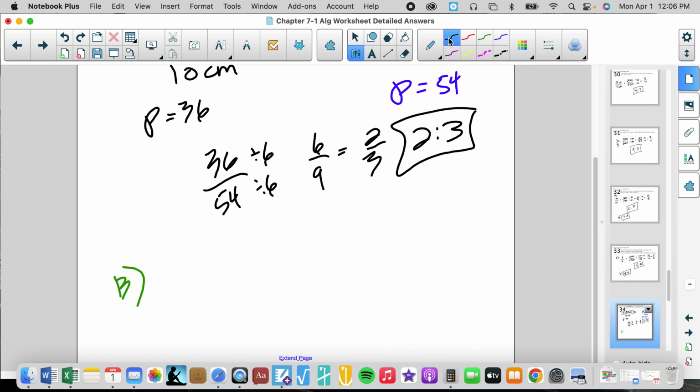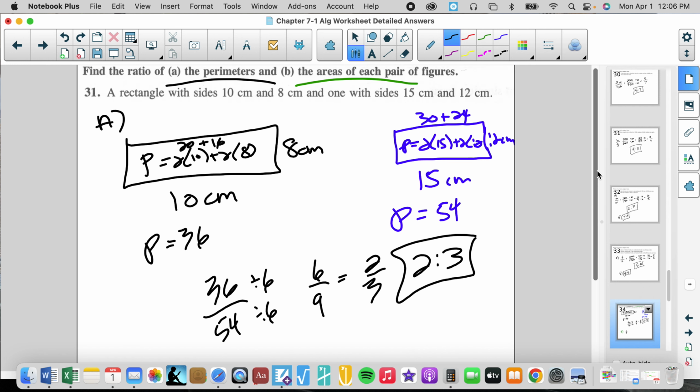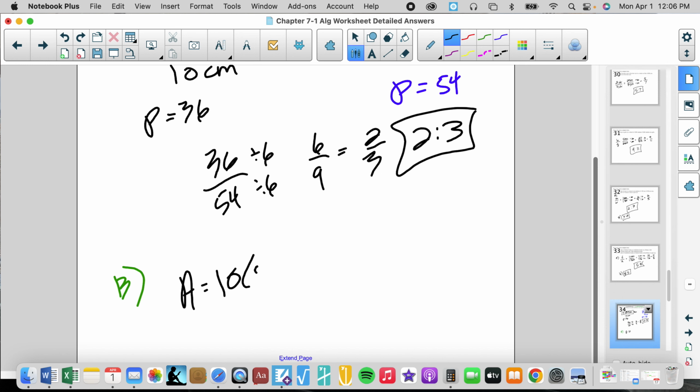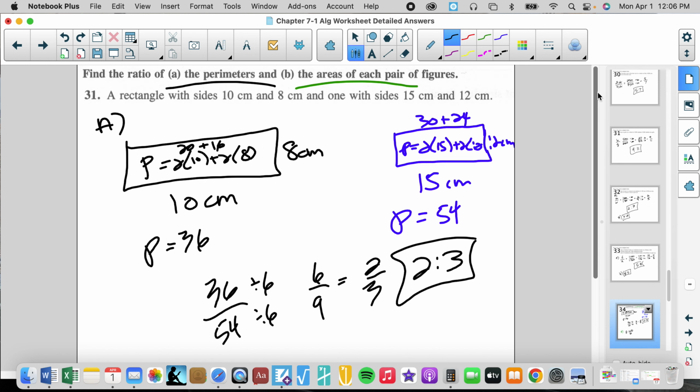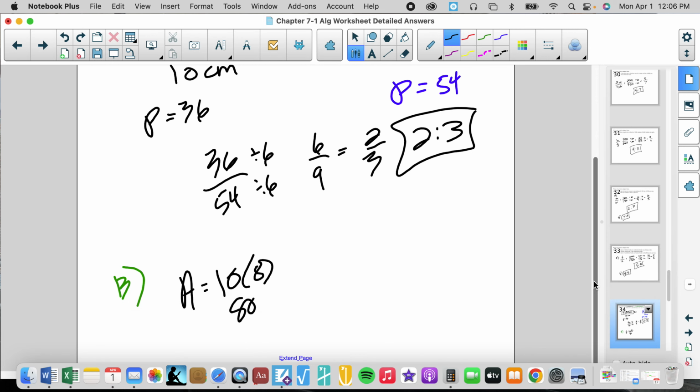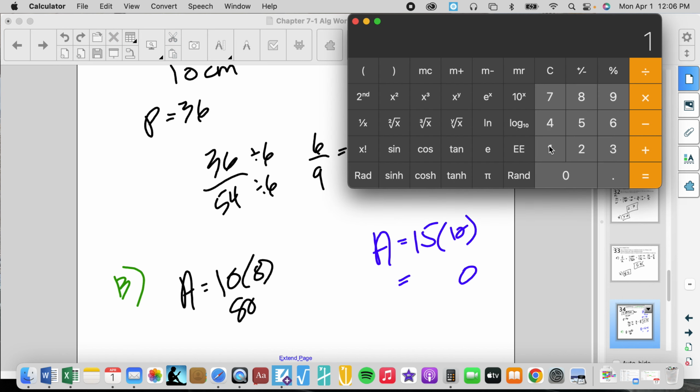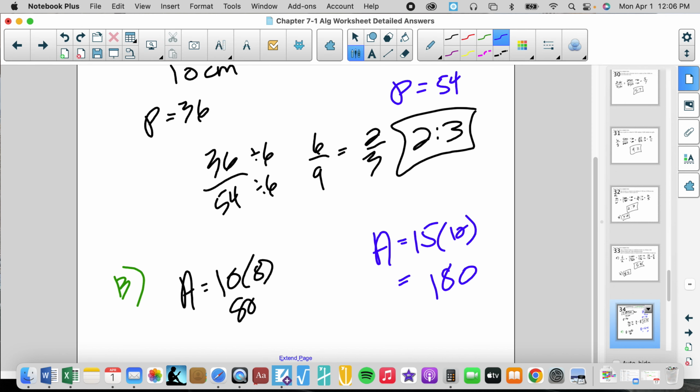Let's keep writing in black. Area is going to equal base times height, which is 10 times 8, which is 80. And this is going to be 15 times 12, 180.